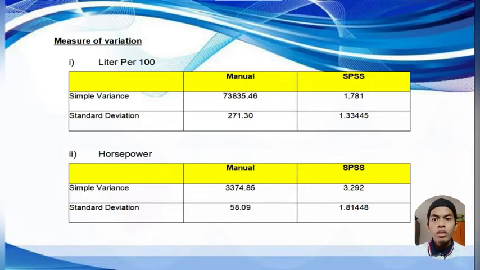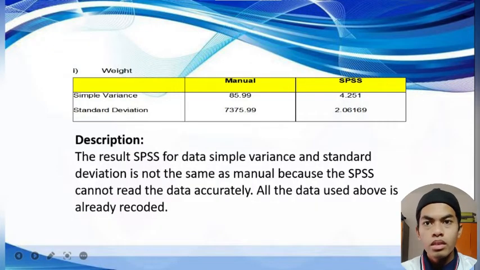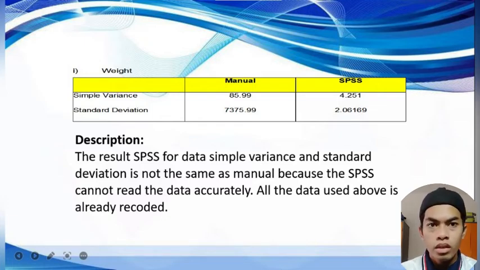Next, for horsepower, sample variance manual is 3374.85, for SPSS is 3.292, and standard deviation manual is 58.09, in SPSS is 1.81448. And for weight, sample variance manual is 85.99, and in SPSS is 4.251.